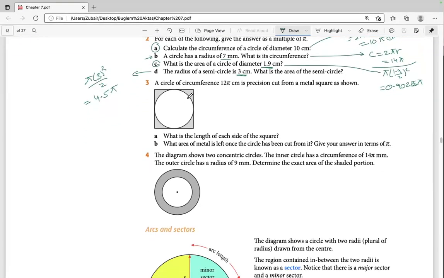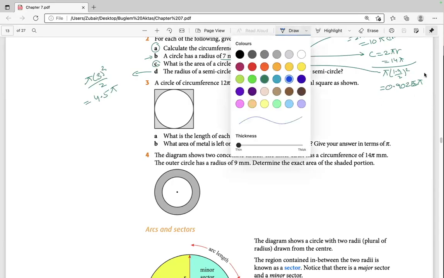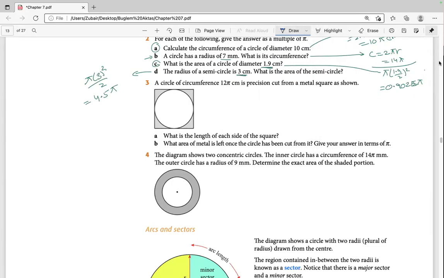Question number 3. The circle of circumference 12 pi centimeters precision cut from the metal square as shown. What is the length of each side of the square? Think you can do it? Very good.